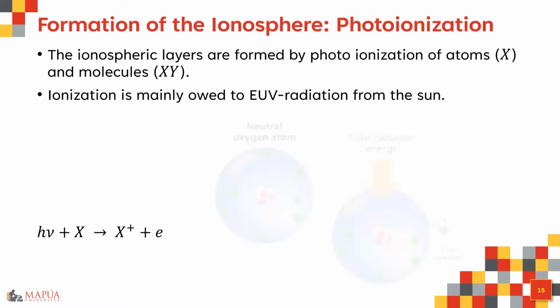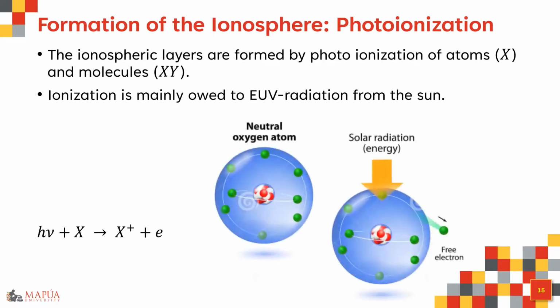Okay, so the chemical equation that usually follows this process is this one. When you have your h nu, which is your energy coming from the sun, it ionizes your atom. That atom will eject a free electron, and then the original atom will become positively ionized.